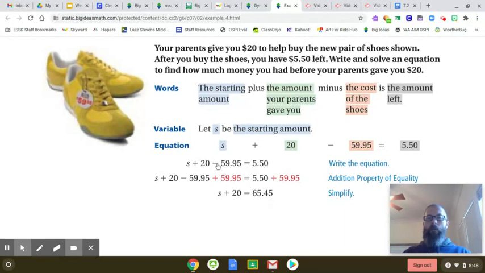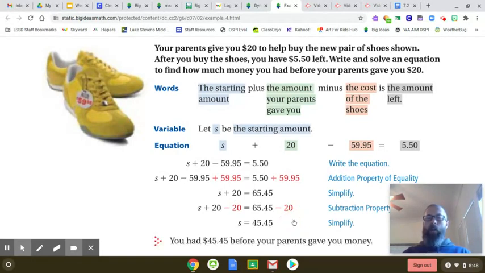So remember what we did here was we added 59.95, and that basically makes this 0 and makes it go away. Okay, so now I'm just left with S plus 20 equals 65.45. Now we've seen this before, so I subtract 20 from both sides, minus 20 minus 20, and I end up with S equals 45.45.